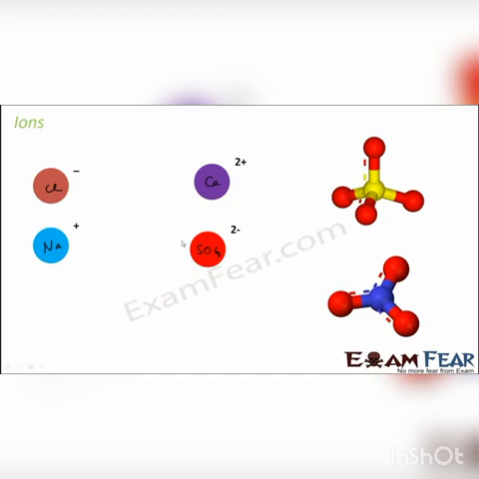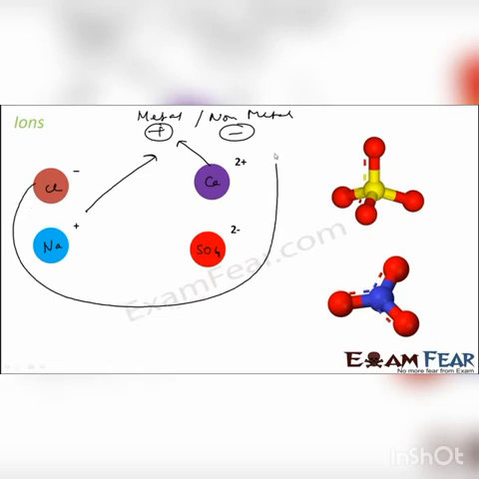So many examples. The compounds which are made up of metal or non-metal, they contain charge, and they are called ions. So these are generally metals or non-metals, and typically you will see that metal will bear positive charge and non-metal will bear negative charge. Calcium has positive charge, sodium has positive charge, chlorine has negative charge.